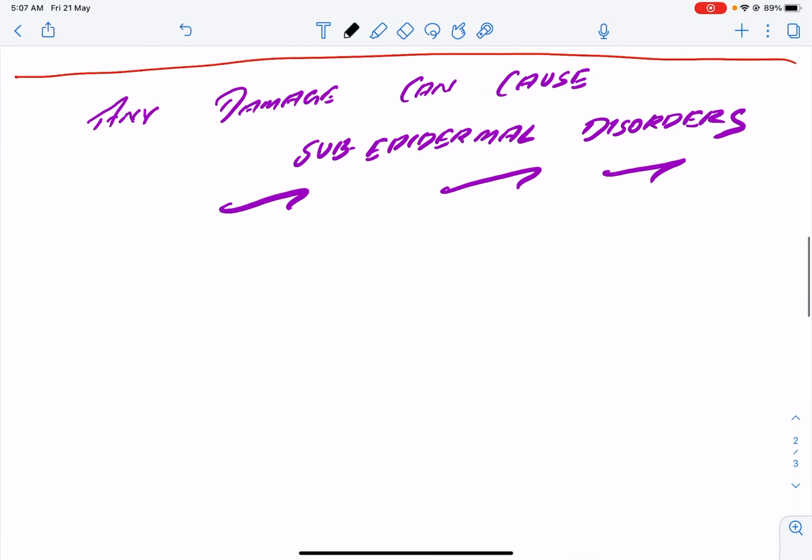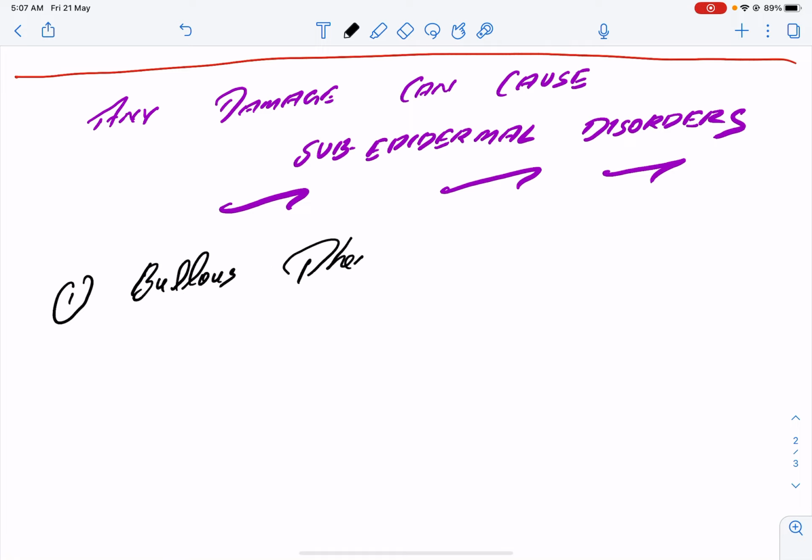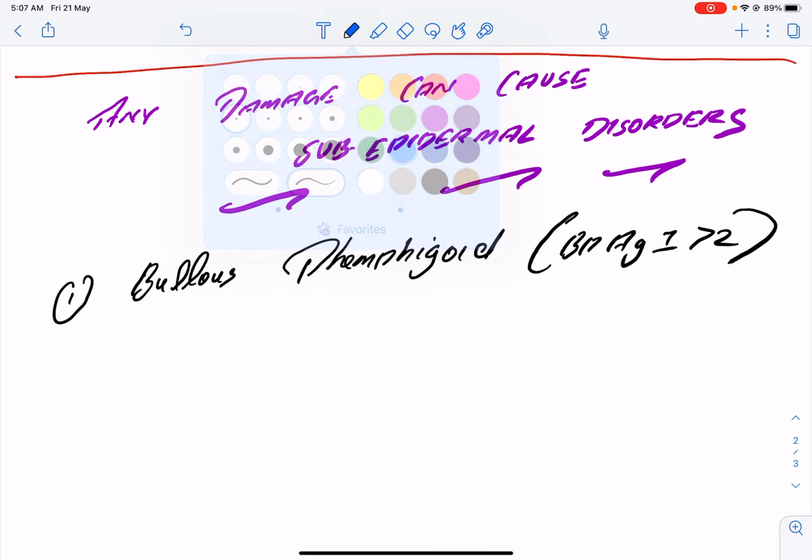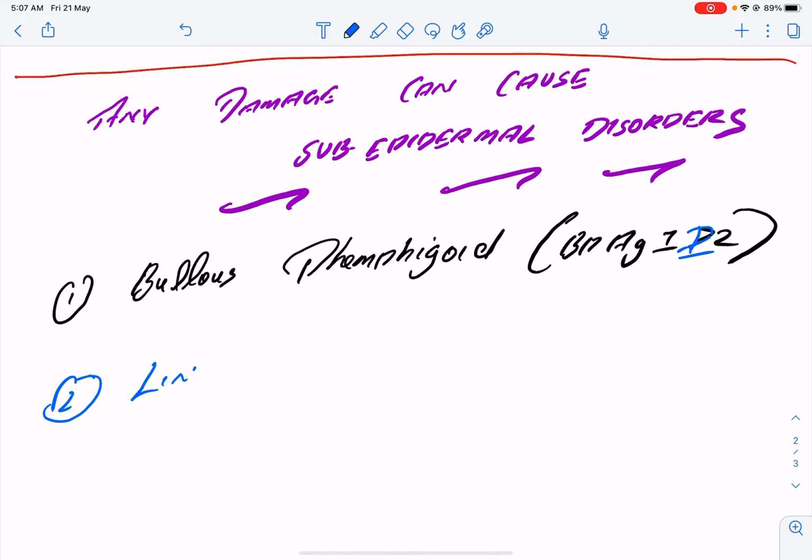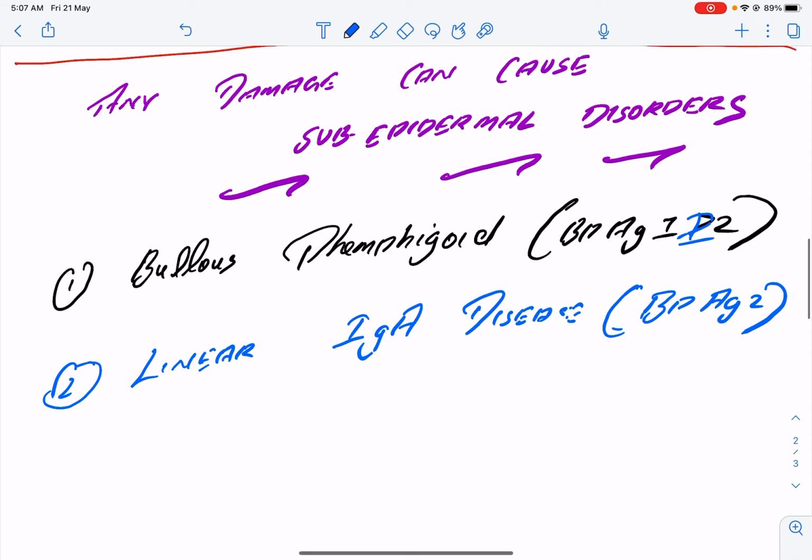These include, first, bullous pemphigoid. It is normally because of damage to BPAG1, which is more common, or BPAG2 can be involved too. Then there is linear IgA disease, which is because of damage to BPAG2.